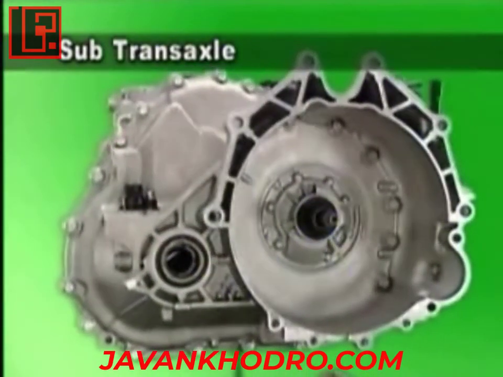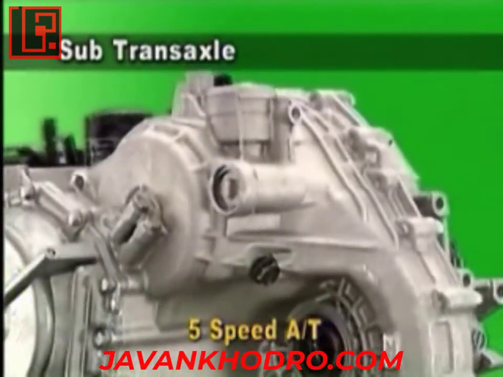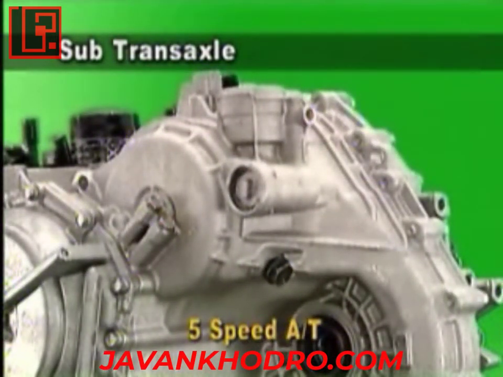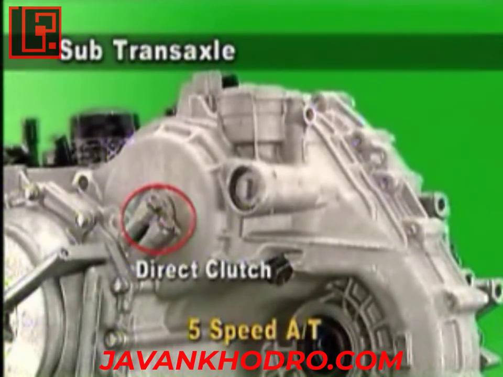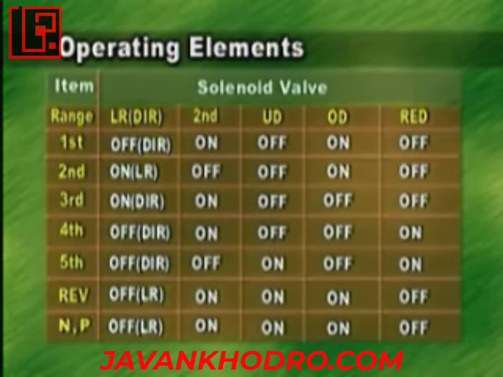There are 2 operational elements in sub-transaxle of 5-speed automatic transaxle, and these are direct clutch and reduction brake. Since direct clutch uses the same solenoid valve with low and reverse brake, additional solenoid valve for direct clutch is not required, and only solenoid valve for reduction brake is added.